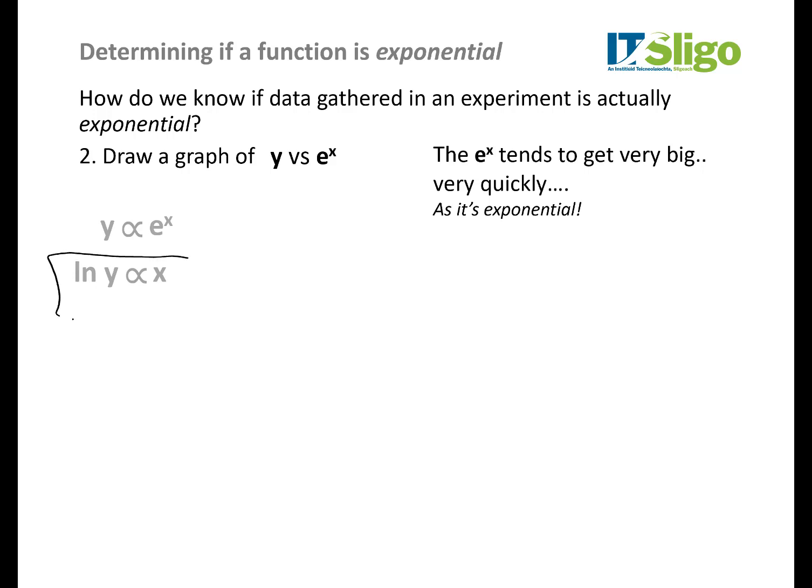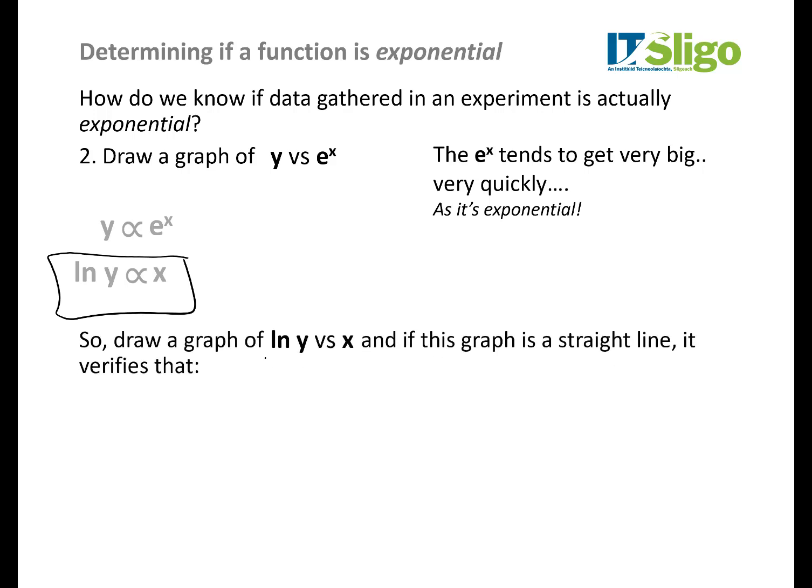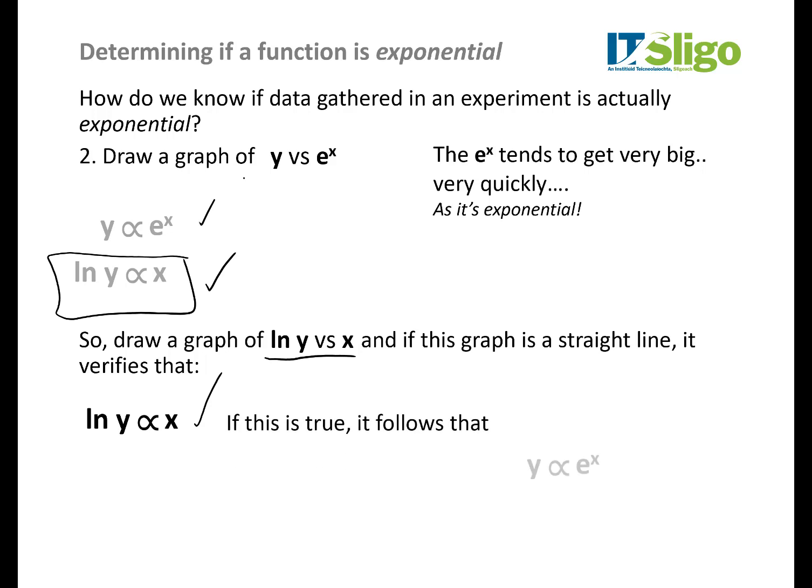So this is the relationship we can explore. It's an awful lot easier because the natural log of most numbers is usually something very manageable, most often between 0 and 10. So if we plot this natural log of y versus x and we get a straight line, well, if we get a straight line, it verifies that this is true. If this is true, by definition, the line above it is also true.